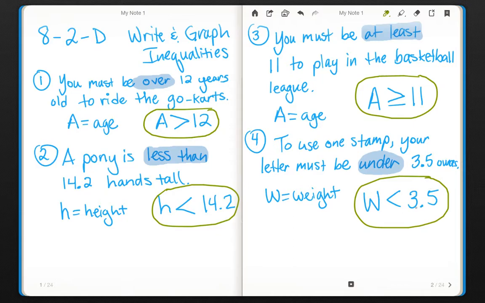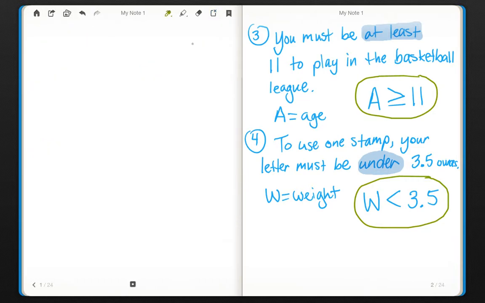All right, so I mentioned a minute ago that there's two other phrases, and you could turn back to the last lesson under 8.2b that we did in the last video, where we listed out some phrases that would mean different inequalities, and there's two more I realized that I thought would be good to add to that.